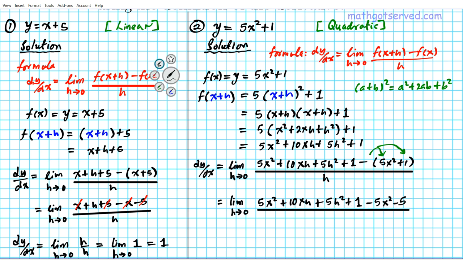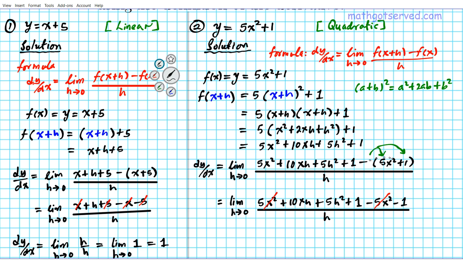Okay. All right, so let's see what we can reduce here. What can we reduce? Let's see. Oh, positive 5x squared and negative 5x squared cancel out. What else? Oh, this right here is supposed to be minus 1, not minus 5. So minus 1. That would have been strange.